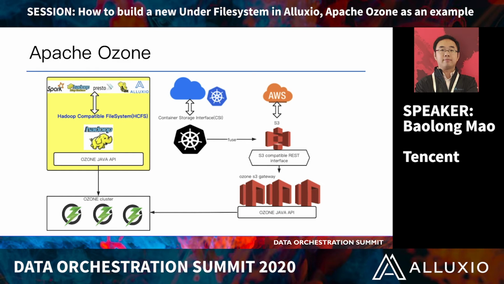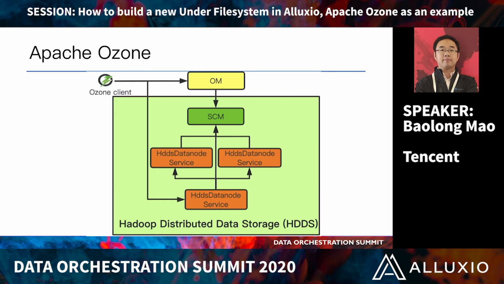Leveraging the S3 interface, Ozone can serve as cloud storage. And leveraging Alluxio, many applications can access Ozone easily. Meanwhile, Alluxio can supply a tiered cache service, which can speed up the access performance.